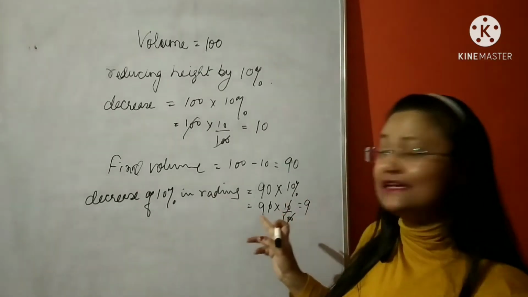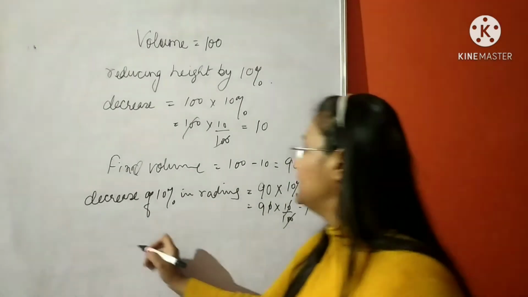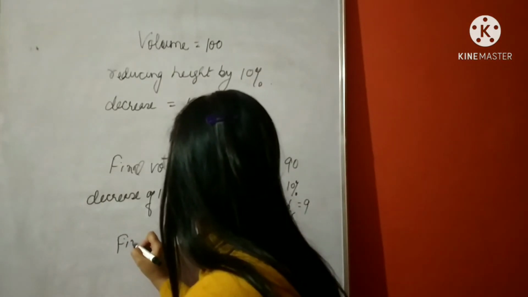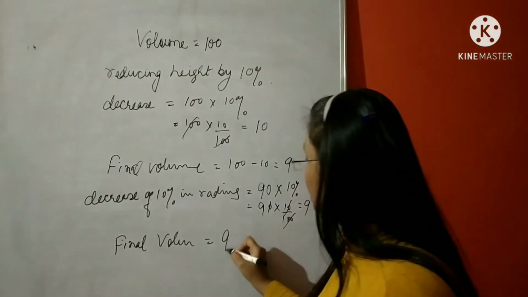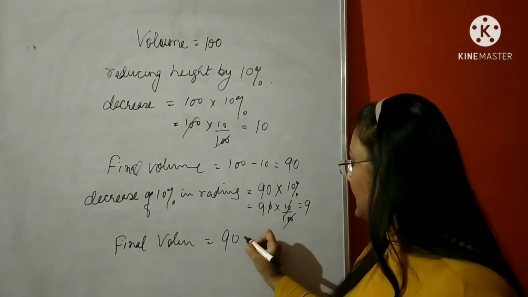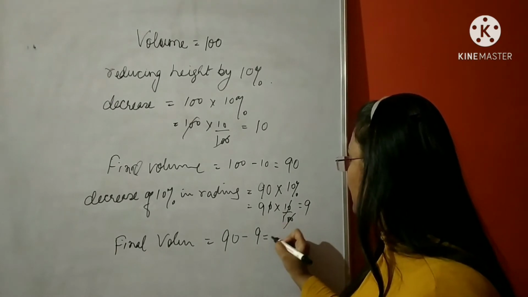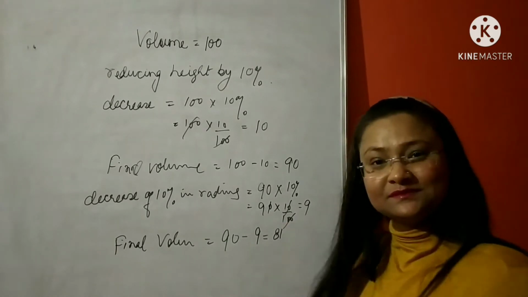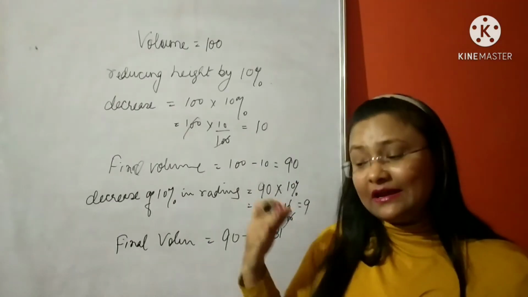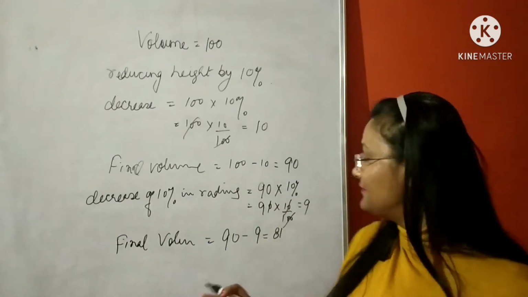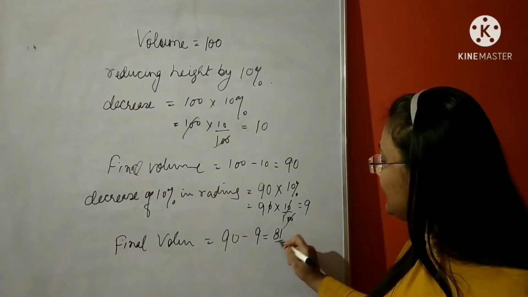Now the final volume will be 90 minus 9, which is 81. So after a decrease of 10% in height and radius as well, we finally got the volume 81.